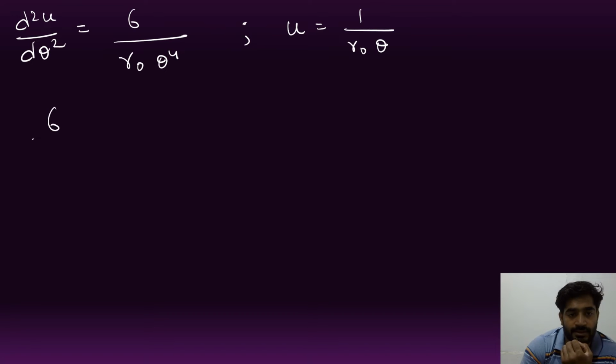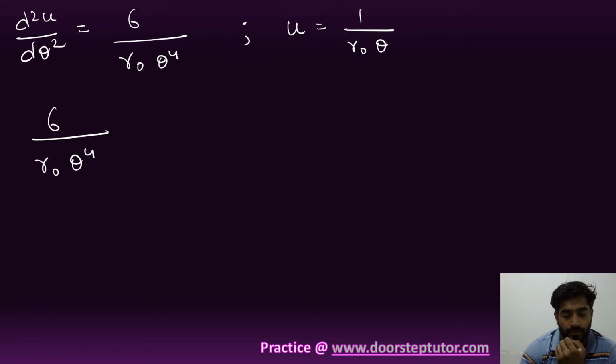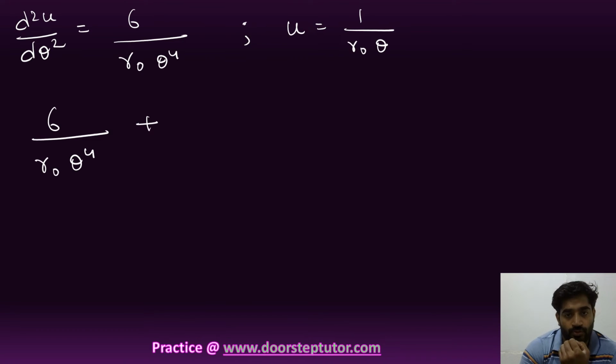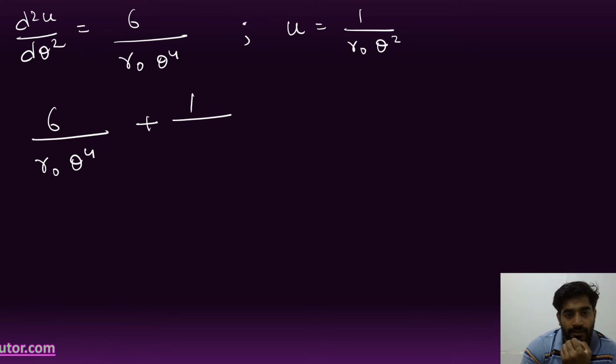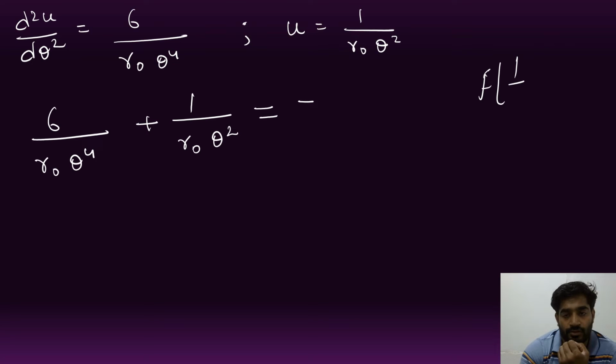So it is 6 upon r naught theta to the power 4 plus u, where u is 1 by r naught theta square, equals minus f of 1 by u.